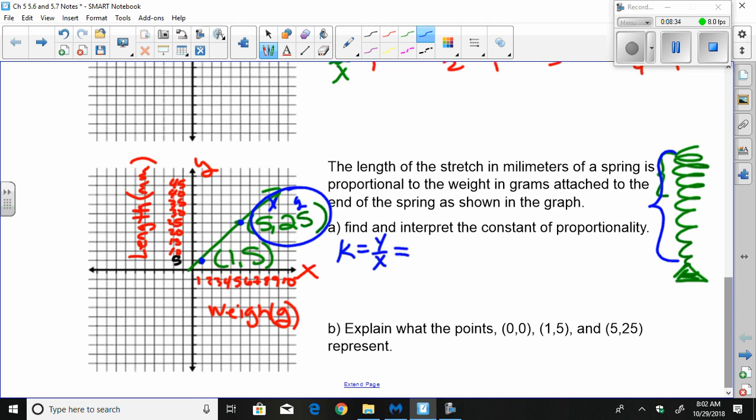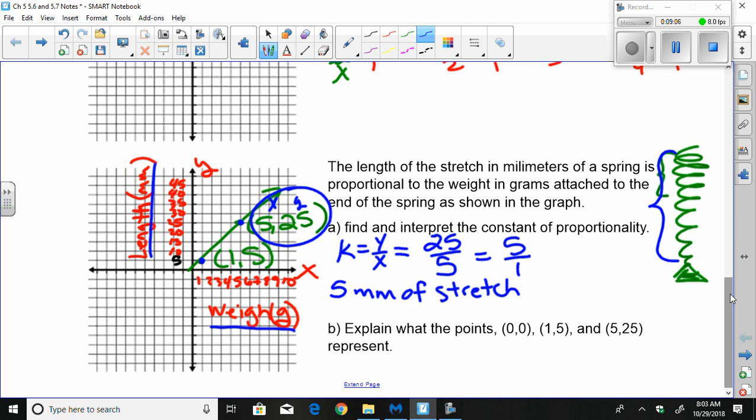To find our constant of proportionality, we take the y, put it on top, over the x, and we reduce down to 5 over 1. So what does this mean? Well, the 5 is our y, and it's our length, while 1 is the weight in grams. So this is saying it is 5 millimeters of stretch for every gram of weight.